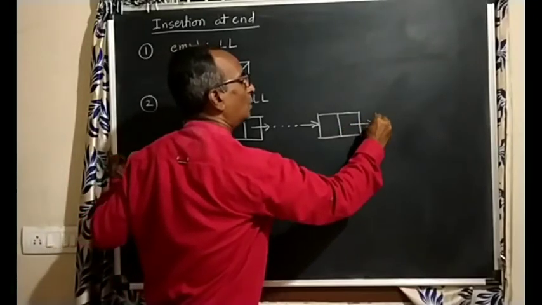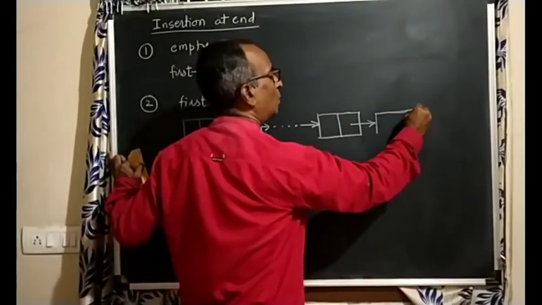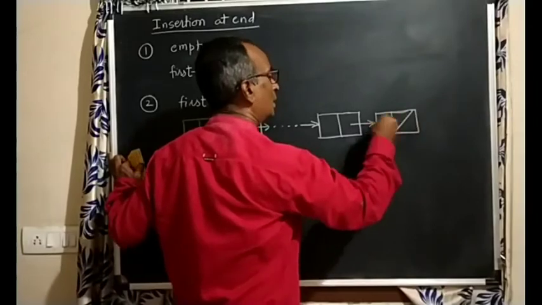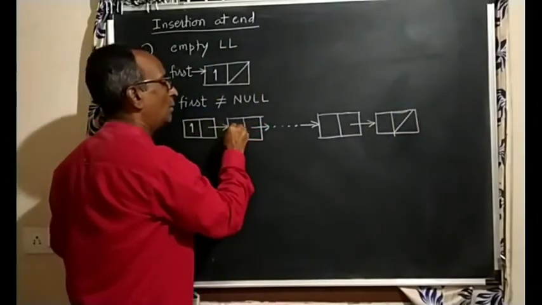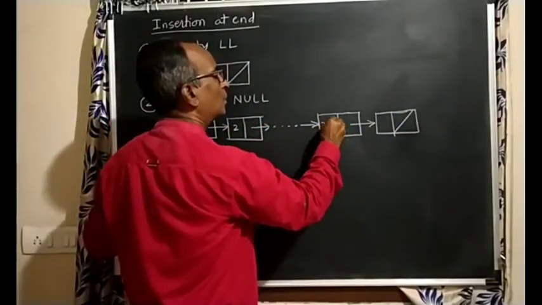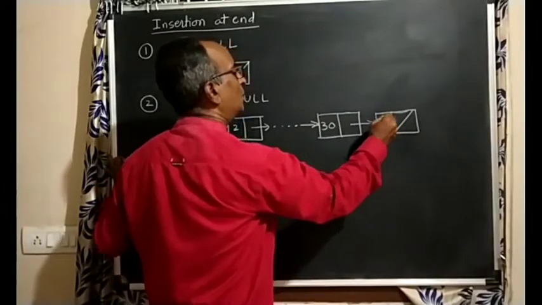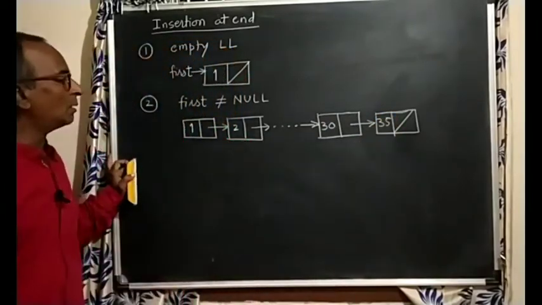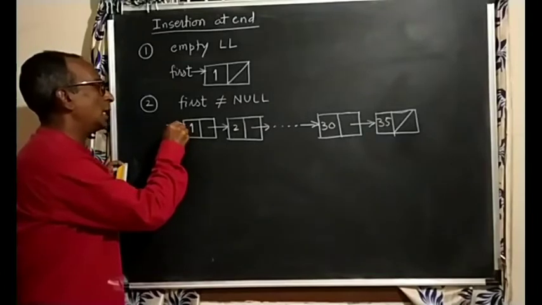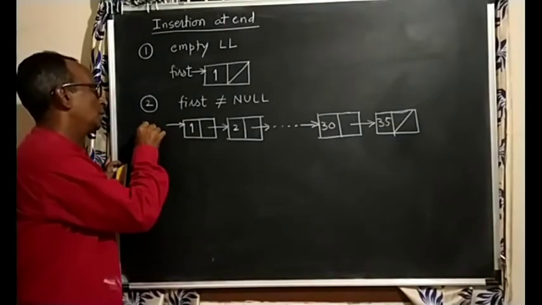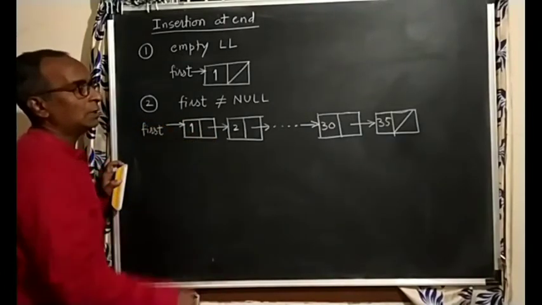So this may go on continuing. Suppose I have some information fields and I want to add a new node into this at end. So this is a typical linked list we will take.